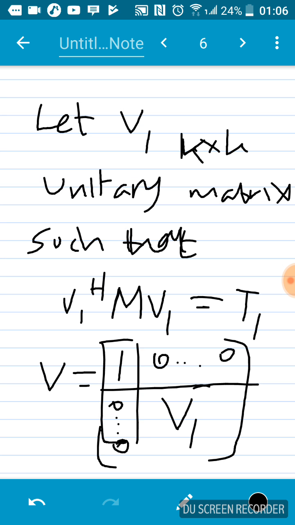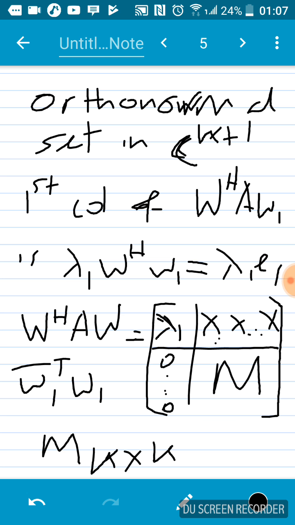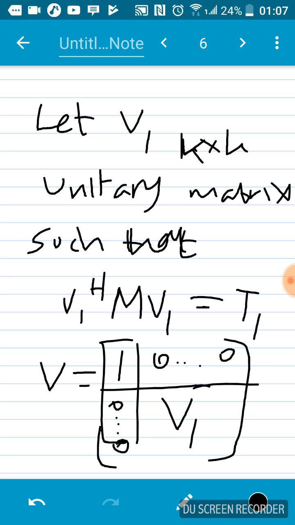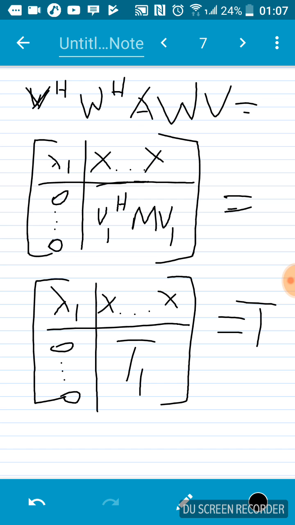Suppose we let V1 be a k by k unitary matrix with the orthonormal property, such that V1 conjugate transpose times M times V1 is equal to T1, where T1 is an upper triangular matrix such as this. We let V be the block diagonal matrix with 1 and 0 on the first row, and V1 as the k by k block.